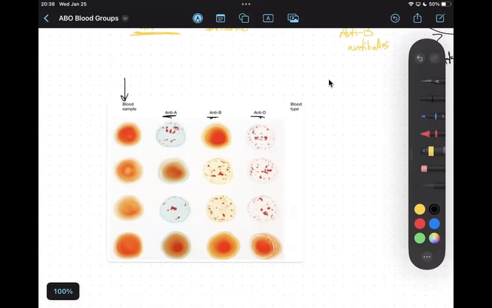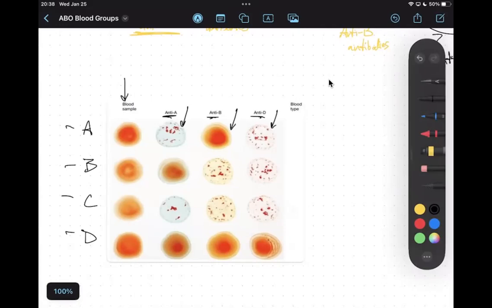Say this was person A, this is person B, this is person C, and this is person D. These are just kind of arbitrary designations. So one drop of person A's blood went here, and then another drop of their blood went here, and another drop of their blood went here.